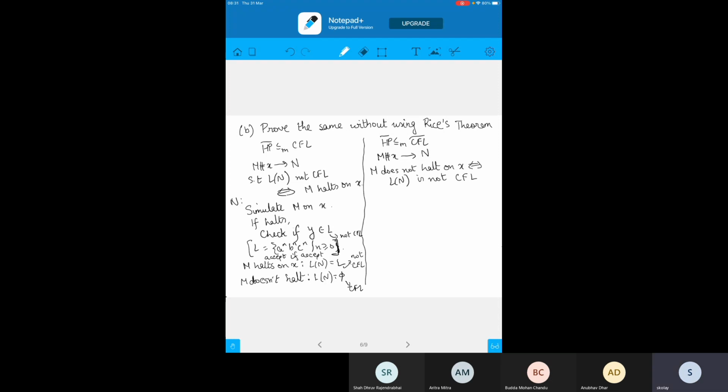So definitely you cannot map does not halt to phi or sigma star. If it does not halt, you have to detect it somehow, because you can't keep simulating. And if it does not halt, then you accept a non-CFL language.